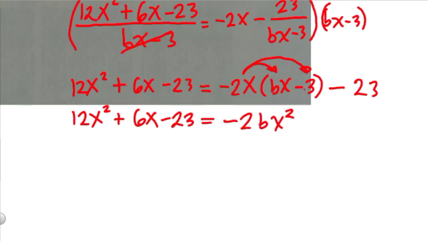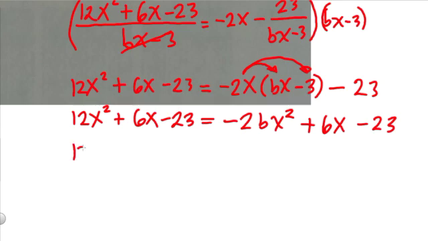Negative 2x times negative 3 is positive 6x, and we have minus 23. Then we're going to combine like terms, but before we do that, let's bring every term to the left side of the equal sign.